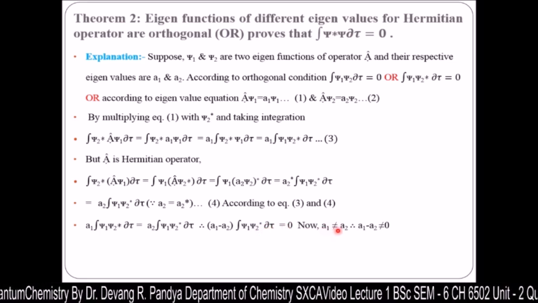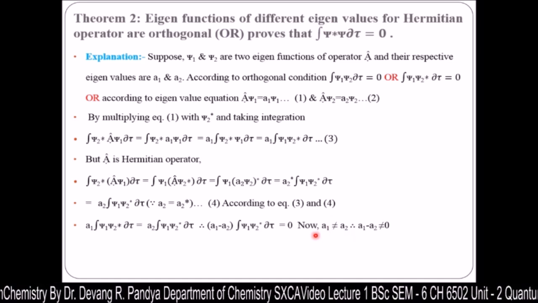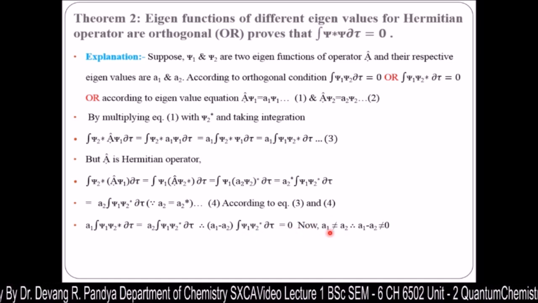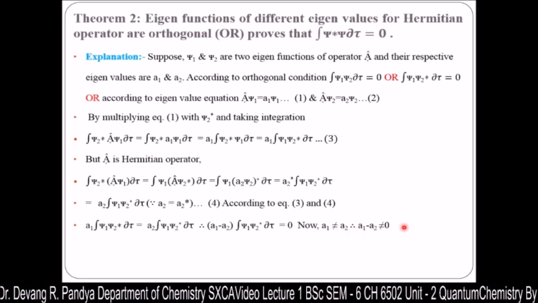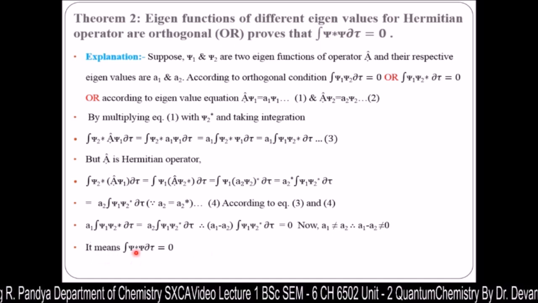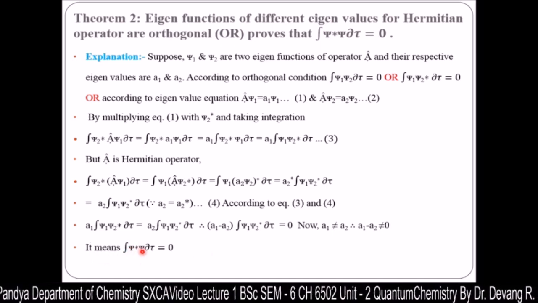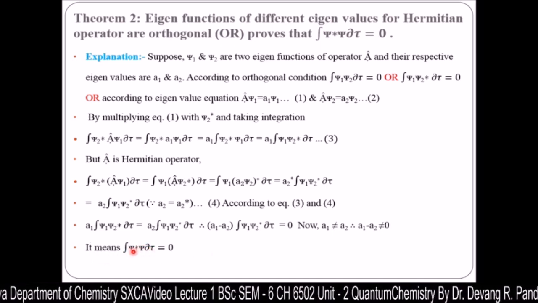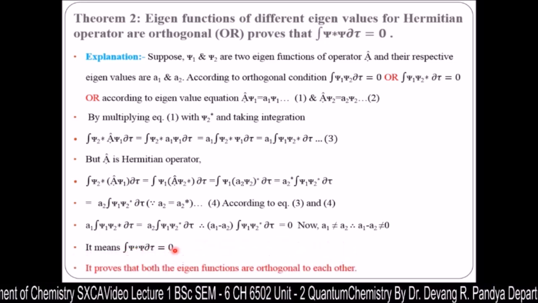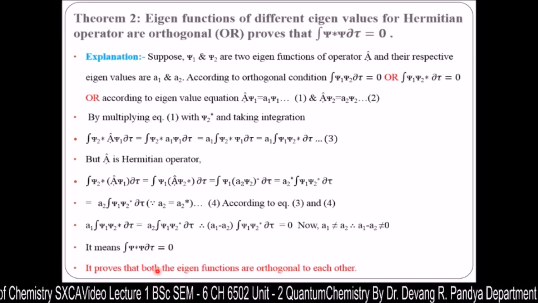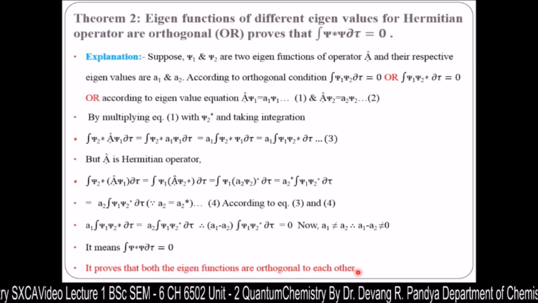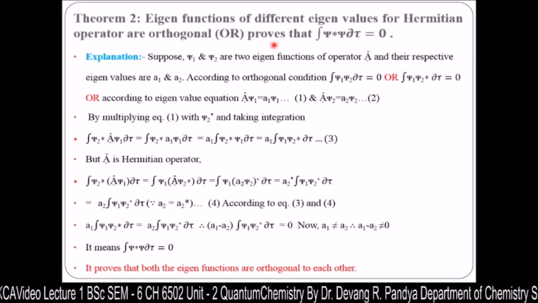Now, if A1 is not equal to A2, then this one is equal to 0, and if A1 is equal to A2, this one is equal to 0. It means integration psi 1 psi 2 star d tau is equal to 0. So it is proved that both the eigenfunctions are orthogonal to each other. This is our theorem number 2.